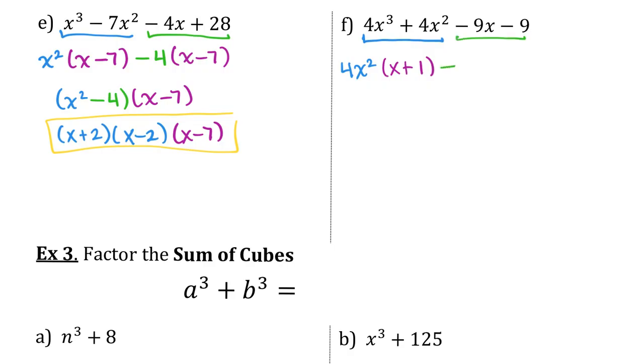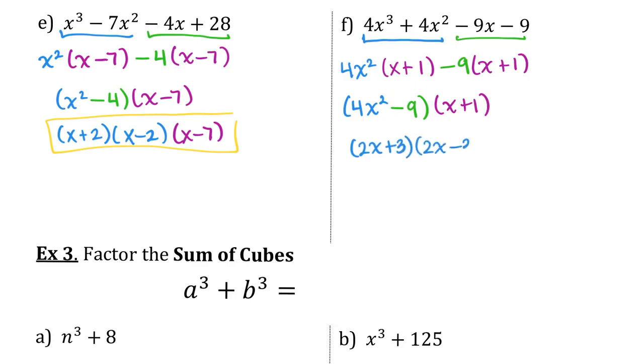Minus 9 times x, minus 9 times 1. Okay, now can I factor 4x squared minus 9? I know 4 is 2 times 2. This is 3 times 3, so I can do this. This is going to be 2x plus 3 and 2x minus 3. And then I can do x plus 1.